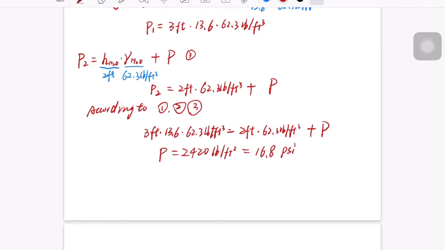From the problem, we also know that the pressure needs to be expressed as the height of mercury.